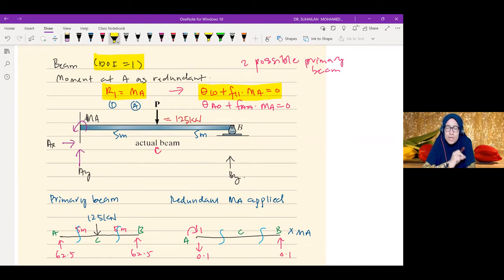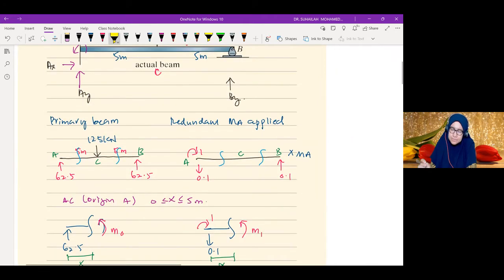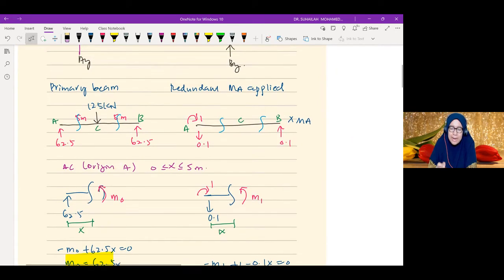For the moment equation in the redundant system, we use M1, if we use equation number 1. So we have the primary beam and the redundant MA applied. These are the two determinate systems that we need to analyze. It is just a simply supported beam subjected to different types of loading.